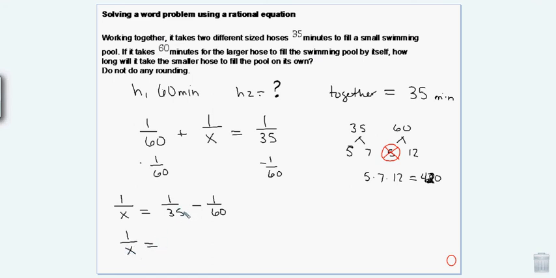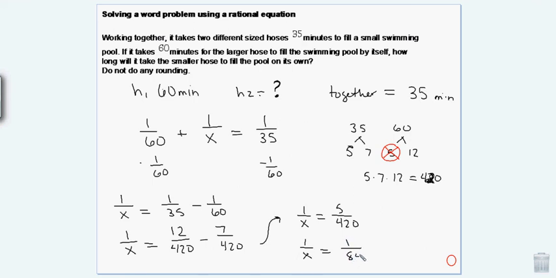Okay, 35 is already 5 times 7, so I only need to multiply it by 12 to get 420. And 60 is 5 times 12, so I only need to multiply by 7 to get 420. So that gives me 1 over x is equal to 5 over 420, both of which will reduce by 5.